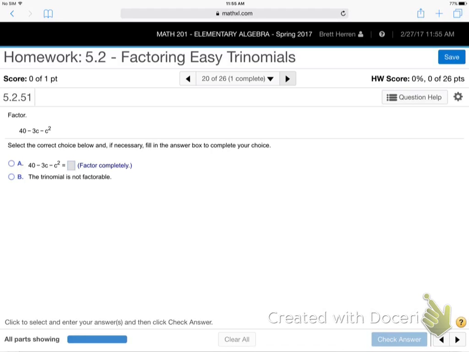All right, so try that one. So 40 minus 3c minus c squared. So this is, again, I'm picking the hardest one, so this will be a challenging one. So it's all messed up in the order.